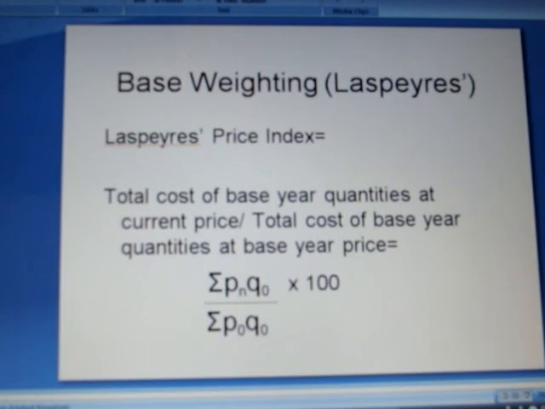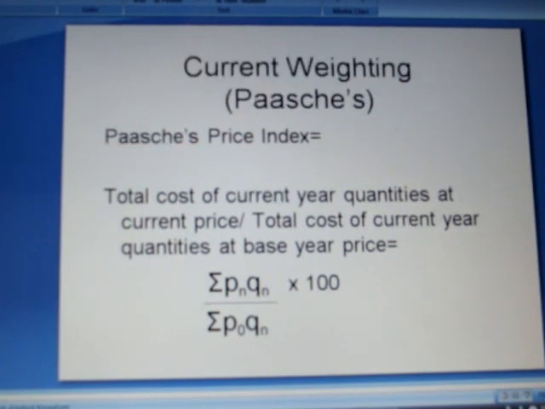If we are using the base year quantities both in numerator and denominator, it is base weighting, called Laspeyres price index. And if we are using current year quantities in both denominator and numerator, it is called current weighting or Paasche index.